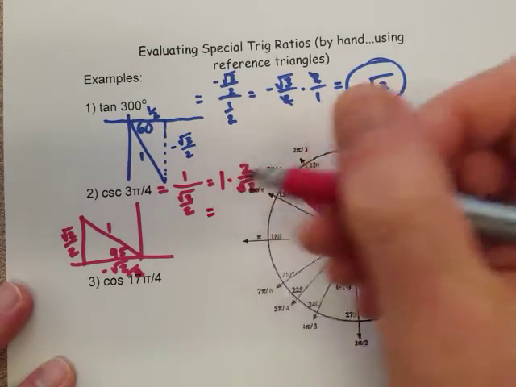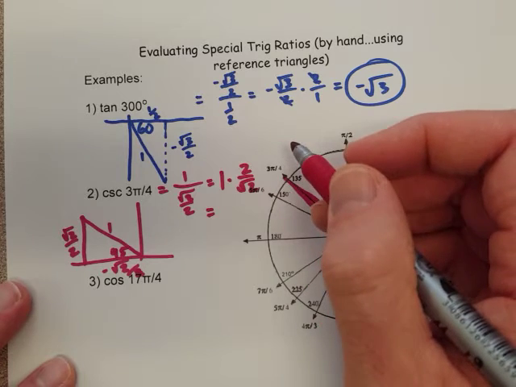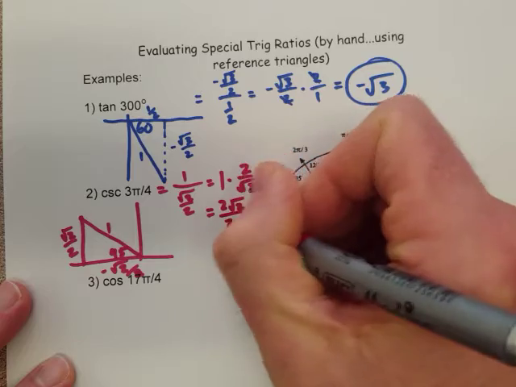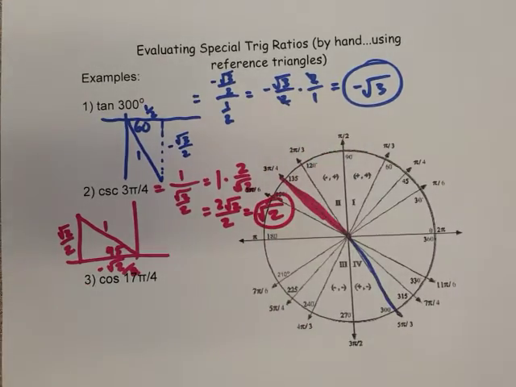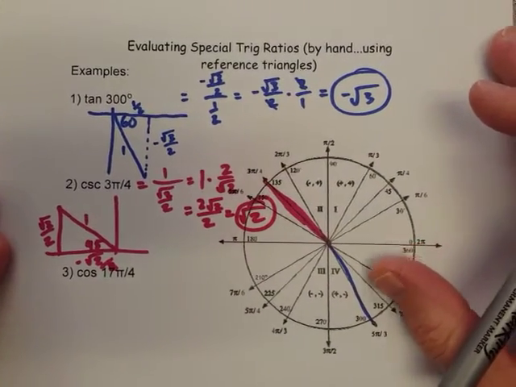And if you simplify this, if you multiply by square root of 2 on both the top and bottom, then what we end up with is 2 square root of 2/2, which is just square root of 2. So that is going to be our value for cosecant of 3 pi over 4.